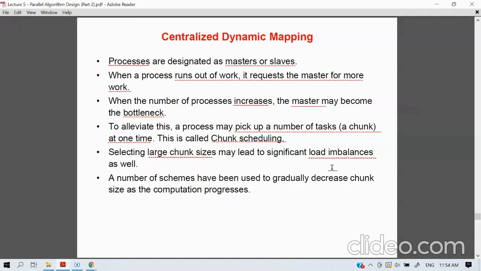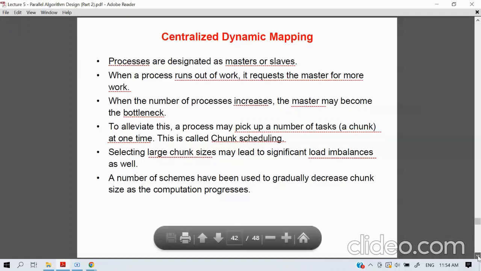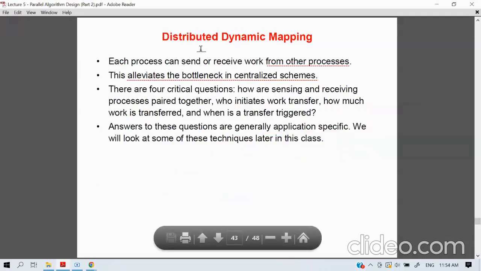Always like this, when we deal with a large size of data, it may have load imbalance because we do not know at the beginning how many tasks we want to map. A number of schemes have been used to gradually decrease chunk size as the computation progresses. So there are many types of schemes to reduce the issue of load imbalance with large chunk sizes. This one is centralized. This is distributed.